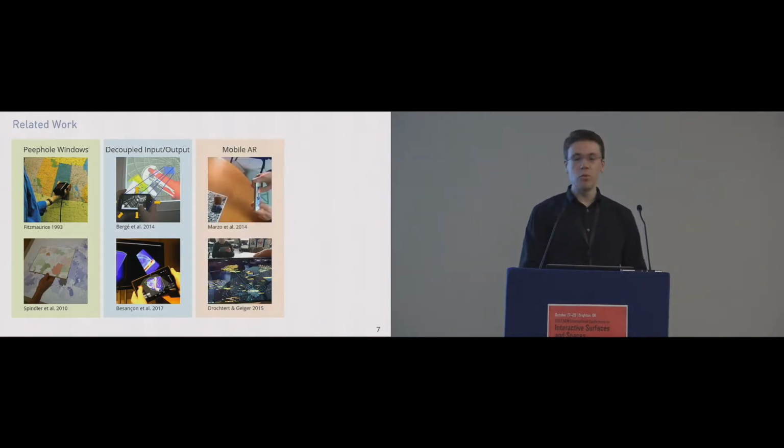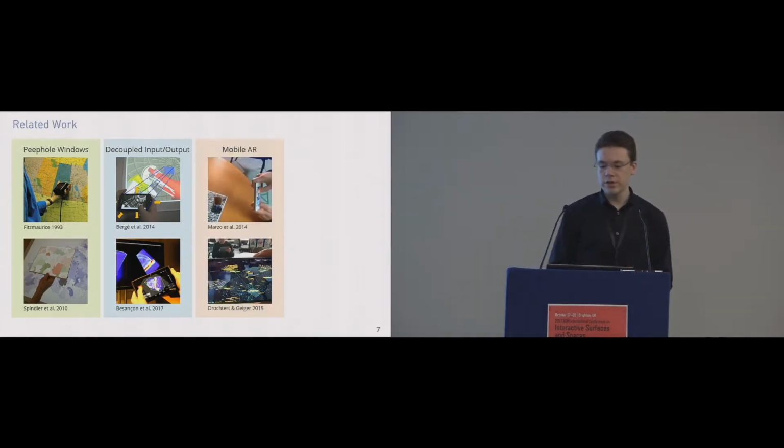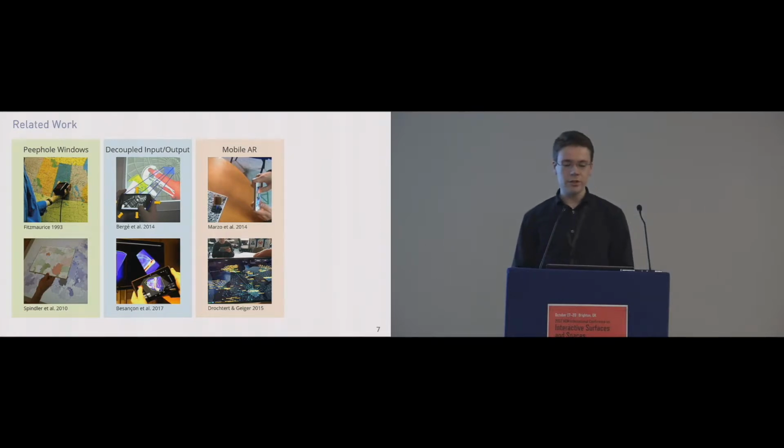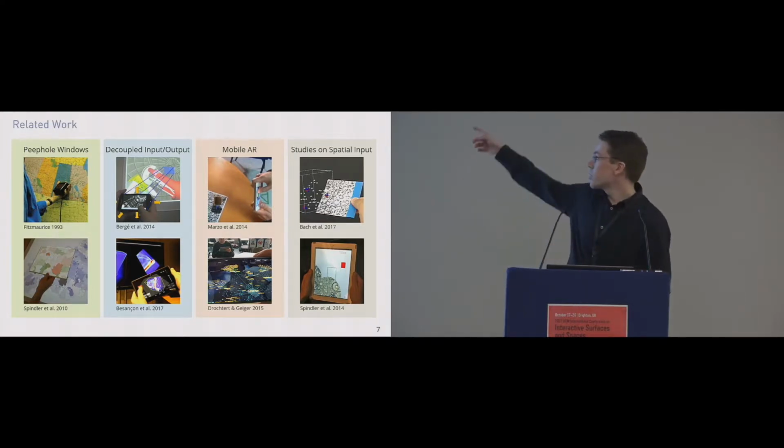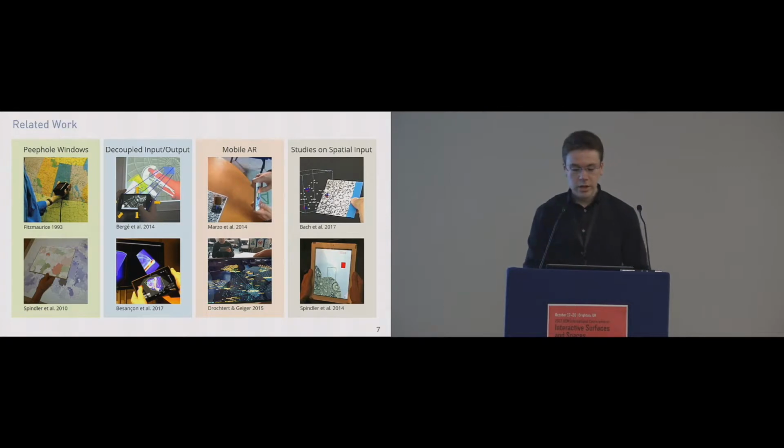Then, obviously, mobile AR in itself and recent technological advances lead to new applications in that area, and we see the first visualization applications using mobile AR technologies. And then there are also specific studies on spatial input, such as the work up there, Benjamin Bach et al.